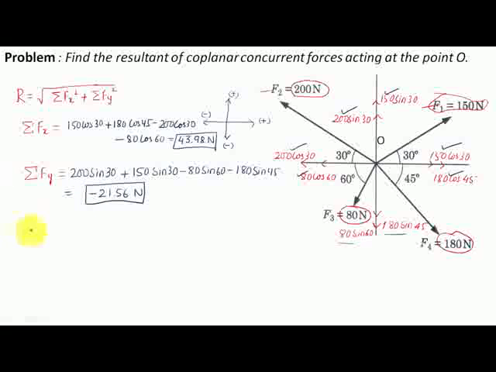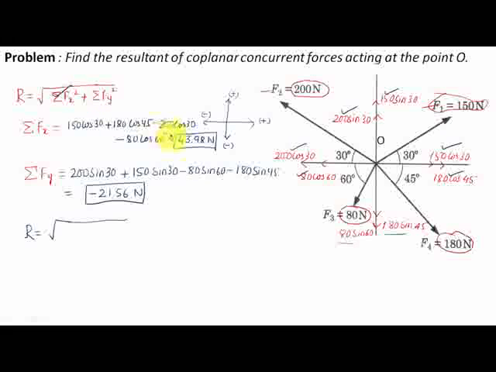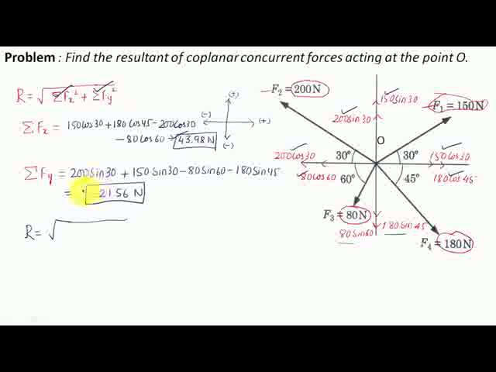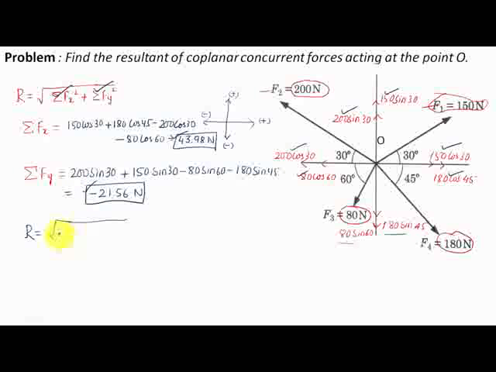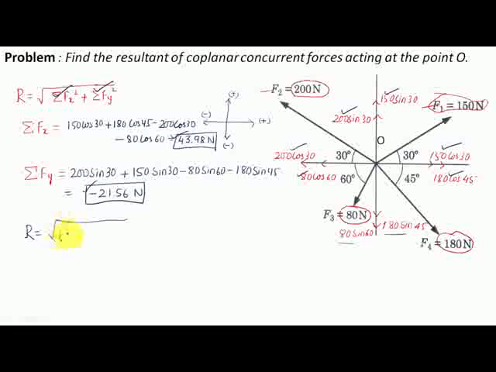What we're supposed to do is get the resultant. We already have the summation of Fx as 43.98, and the summation of Fy as 21.56 in the negative sense. So we're going to put this up: 43.98 squared plus negative 21.56 squared. Well, the negative is not going to have an effect as it's going to be squared.